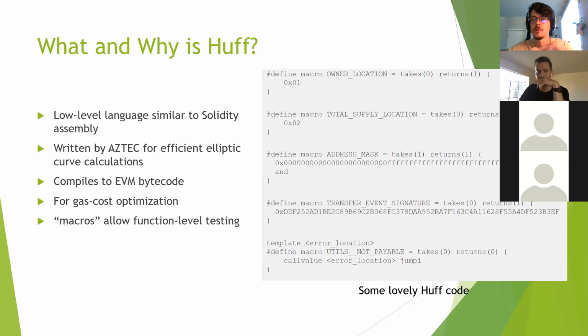So you can break a really big program down into its different macros and test those individually, and that way you can get some finer granularity on your tests. And over on the right side of the screen, we've got some Huff code, but don't worry about that too much. We'll get into it more. Each one of these looks like a function definition. It's a macro definition.